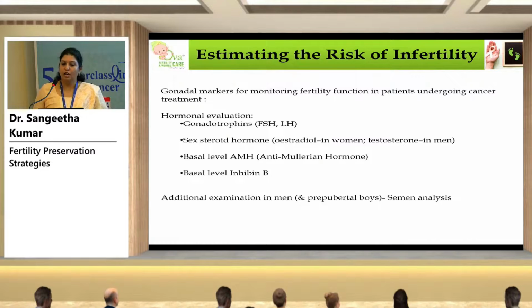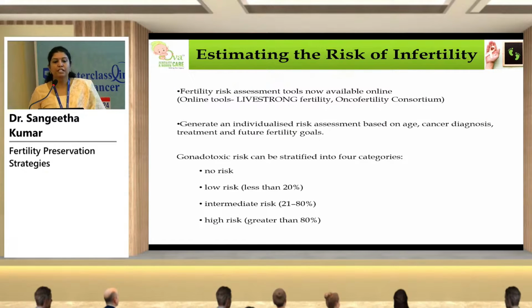Following this, hormonal evaluation like AMH, FSH, LH, estradiol in case of women, and in case of men, testosterone and inhibin B level should be done to assess the fertility function. Fertility risk assessment tools are nowadays available online to generate an individualized risk assessment based on the age, cancer diagnosis, treatment, and future fertility goals.